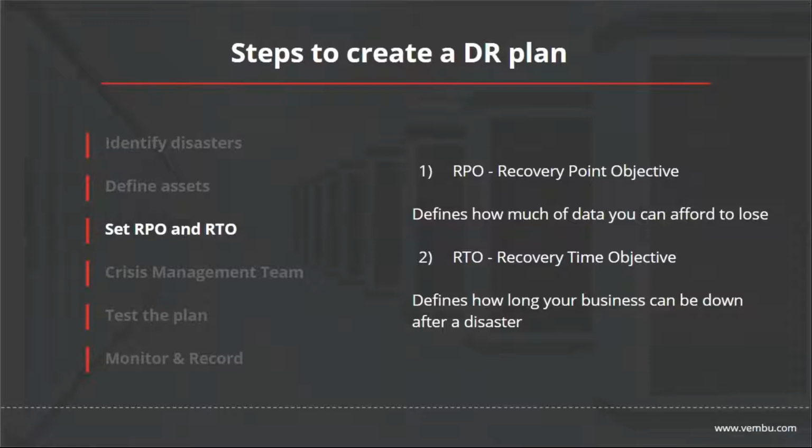For example, if you keep a backup every 10 minutes, you can restore from the last 10 minutes and use that backup data, so you don't lose much data or feel much business loss. And the recovery time is how long your business has been in a disaster.